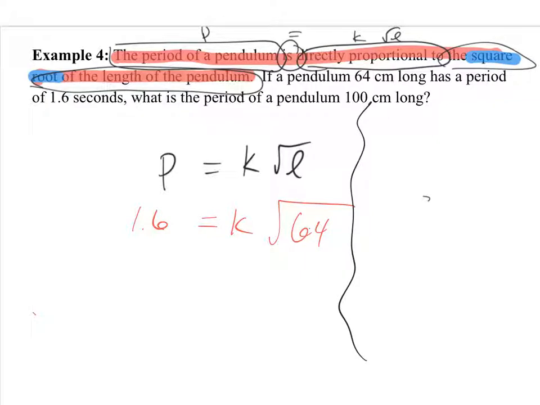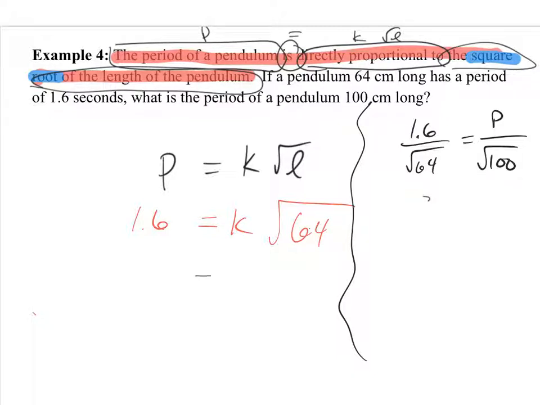If we want to do that, we could, but it's really messy. It's like, all right, period over square root of length equals the period we're looking for over the square root of the length. This one happens to be real nice because you've got perfect squares. But that's the proportion we would write for this kind of problem. Or just go ahead and solve this equation.